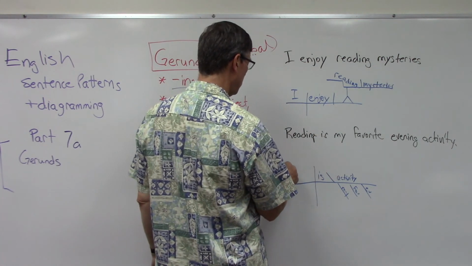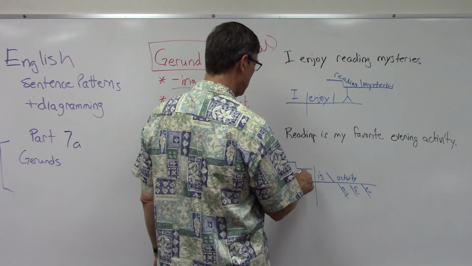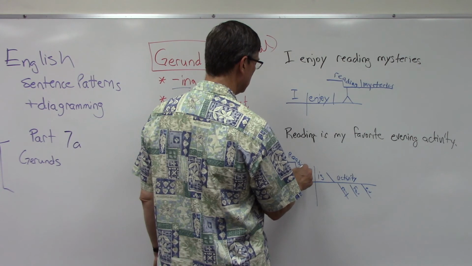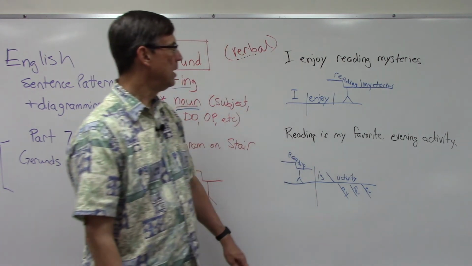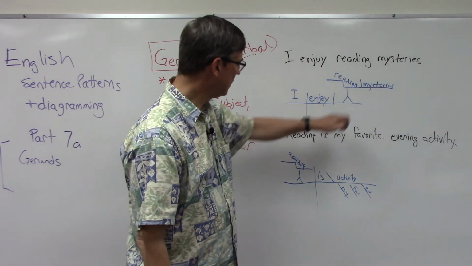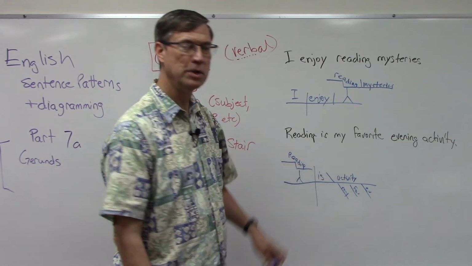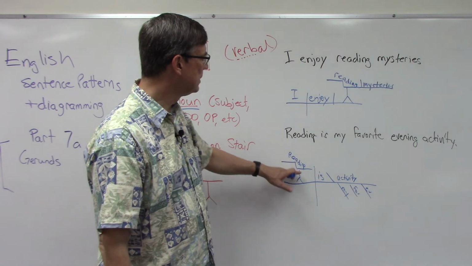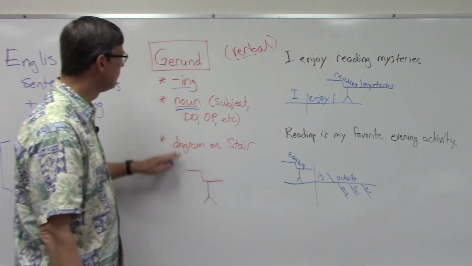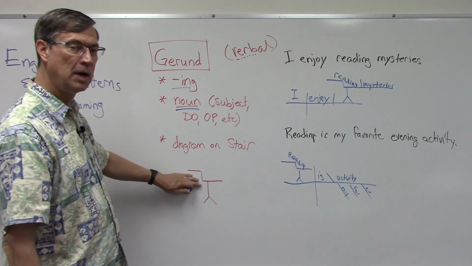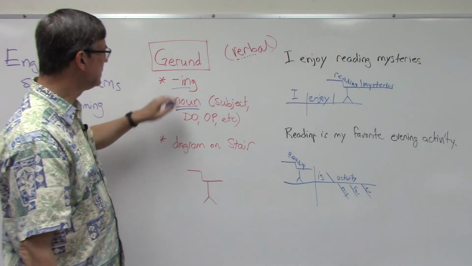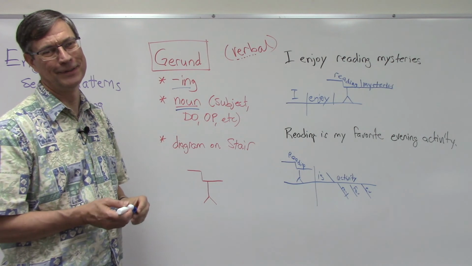We're going to put it on a stair step, pedestal, and write reading. And if we said reading mysteries, then we would have to make that line longer, put mysteries on that line. But again, it's always elevated, and it's a stair step. So when we think of gerunds, think of a stair on a pedestal. Always ing, always noun. All right.